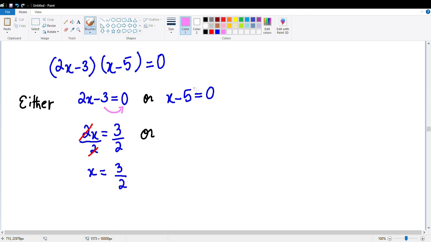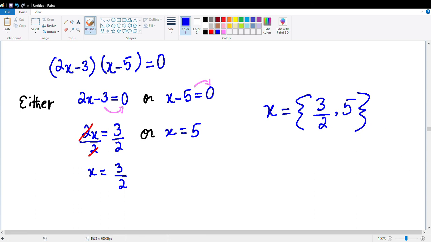Then we have minus 5. When it goes to the other side, its sign changes, so x equals positive 5. So the values of x from this equation will be 3 over 2 and 5. That's pretty much all for question number 2.